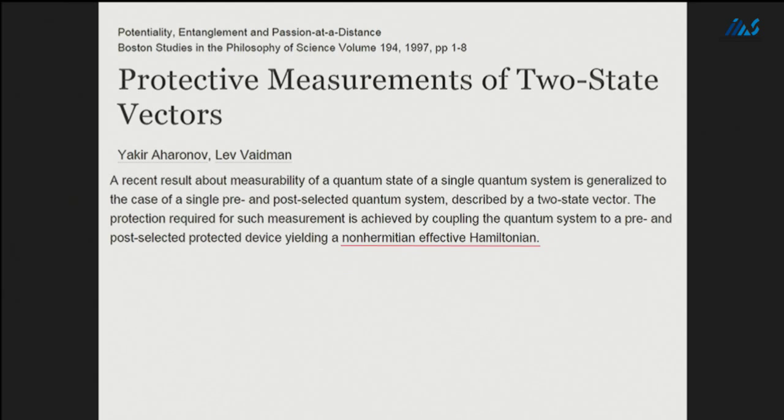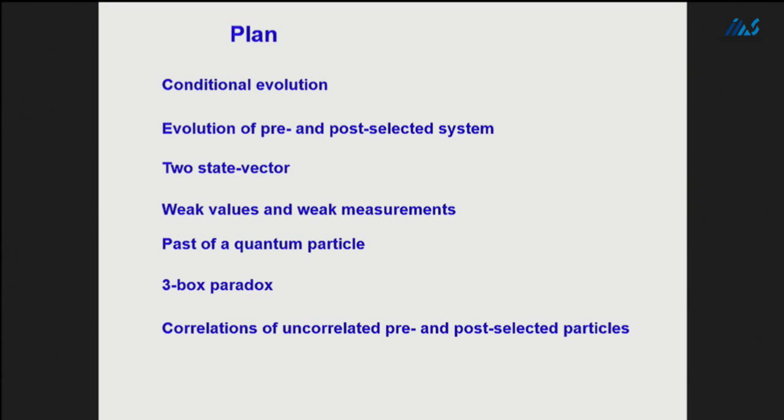In these two papers, there was development about this effective non-Hermitian Hamiltonian, but I decided that it's pretty old. I think it's still interesting, but I thought it would be more interesting to give more new things. So in the talk, the plan is here.